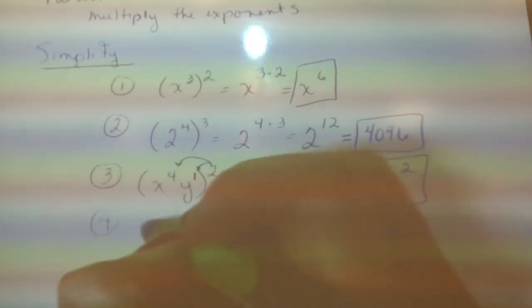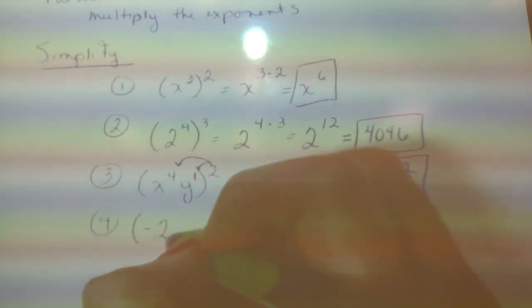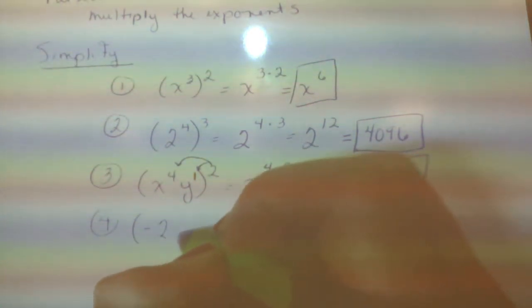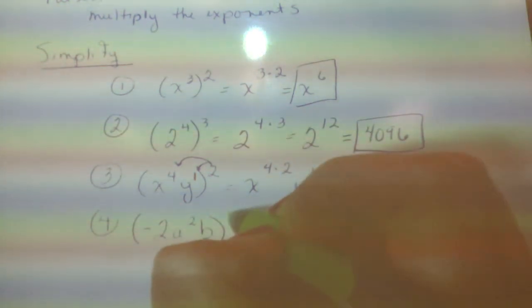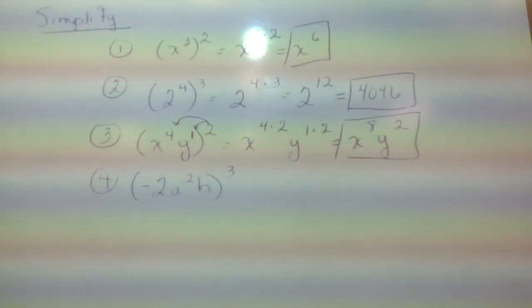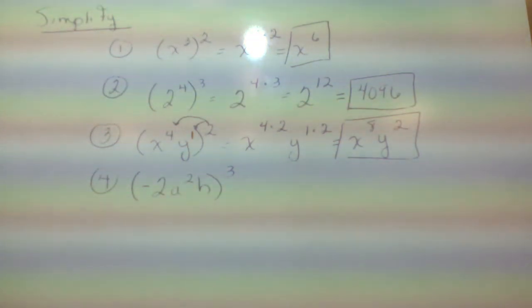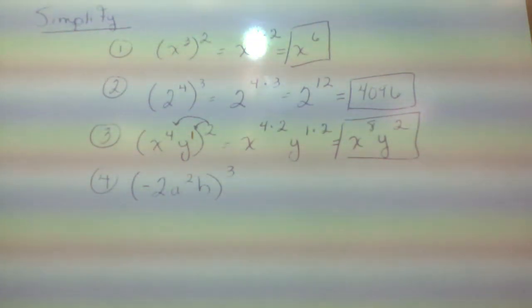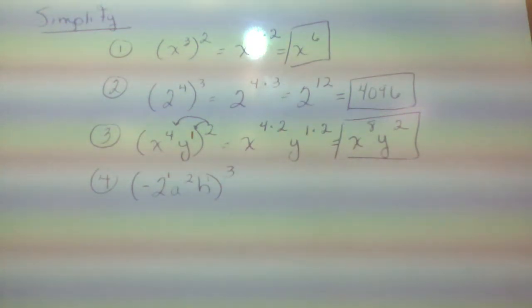Now let's take a look at when I've got a problem with numbers and variables. So number 4 is -2 a squared b raised to the 3rd power. I am looking to make sure everything on the inside has an exponent. Well, if I take a look, the -2 doesn't have an exponent and the b doesn't have an exponent. So I'm going to put those 1s. I'm going to put a 1 here and a 1 here.